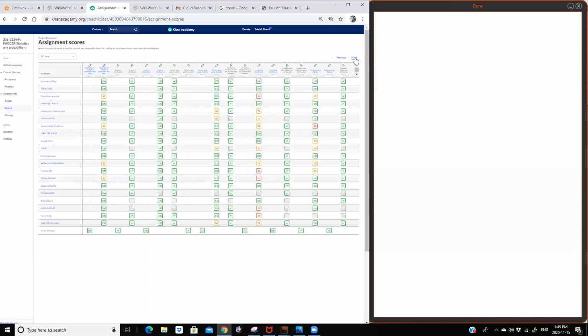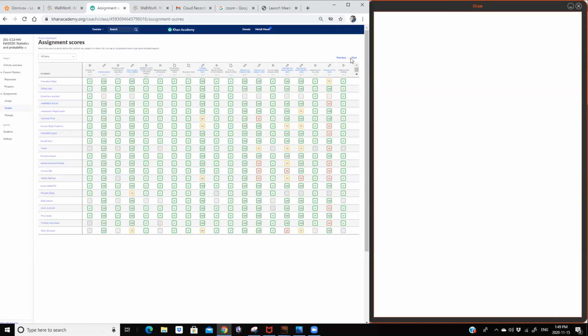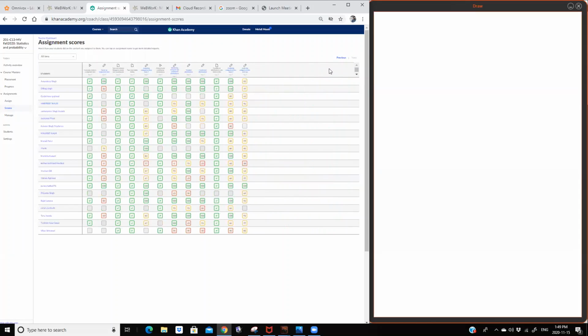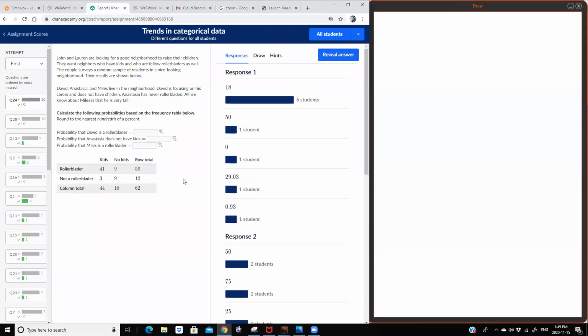Do a couple of, just maybe one example from that as well. So interpreting two-way tables, I did that one. Trends in categorical data. Okay. So many students had difficulty with this one.